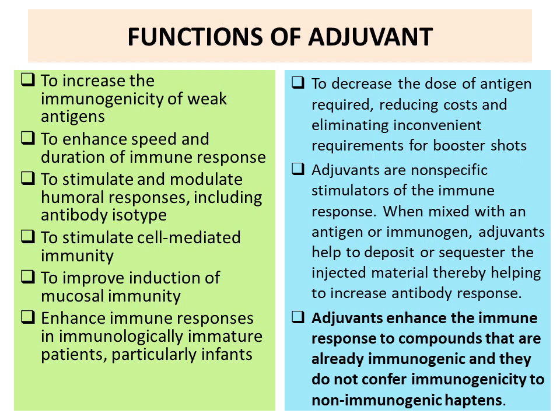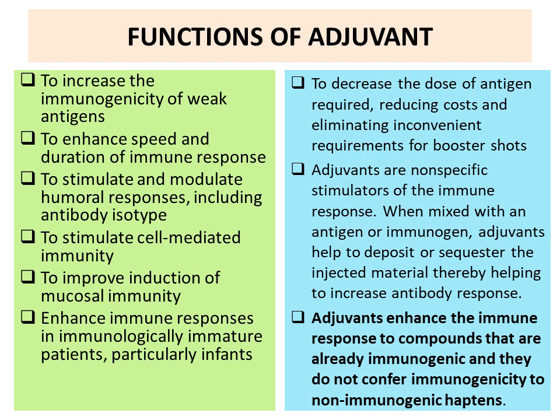And a very important thing is they enhance the immune responses in immunologically immature patients like infants, where immune response is weak. They decrease the dose of the antigen required, very important. Reduce the cost of the vaccine, very important, and eliminate the inconvenient requirement for booster shots.